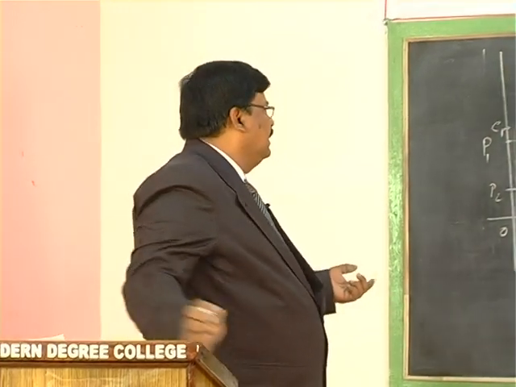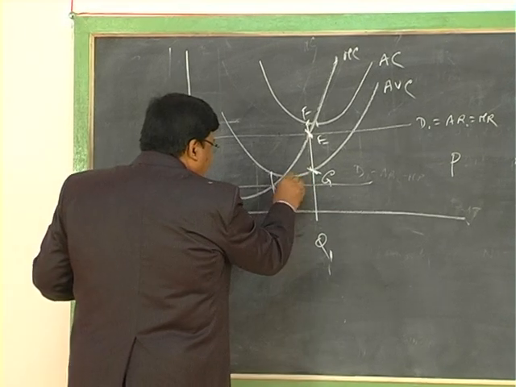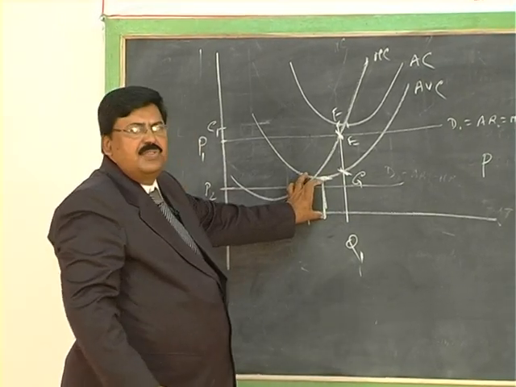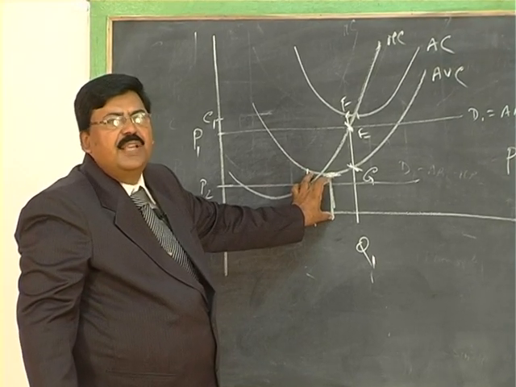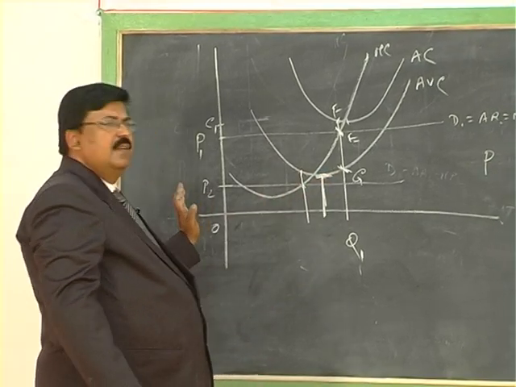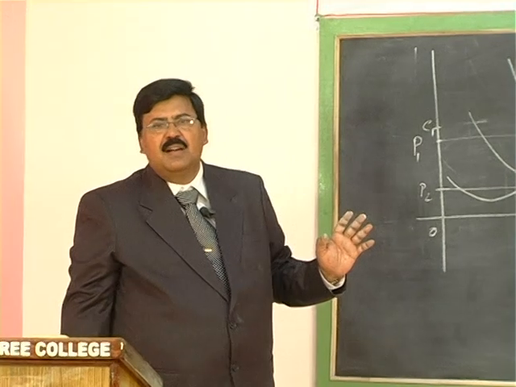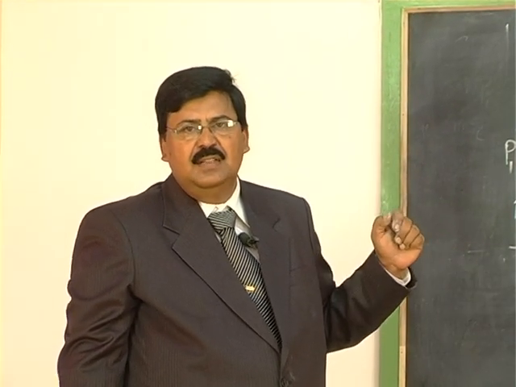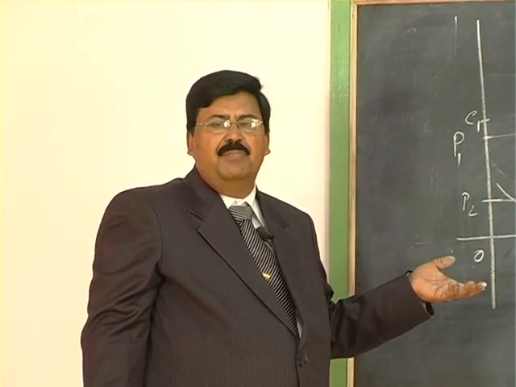So if a price is less than the minimum AVC, this is the minimum required price, then only equilibrium output takes place. If a price is less than minimum AVC, the firm will shut down its operations because it can avoid at least variable cost, though not fixed cost. Fixed cost anyway it has to incur, but it can avoid variable cost component.